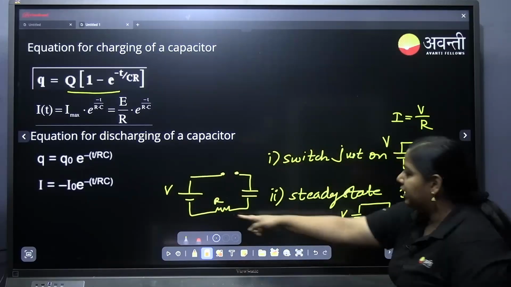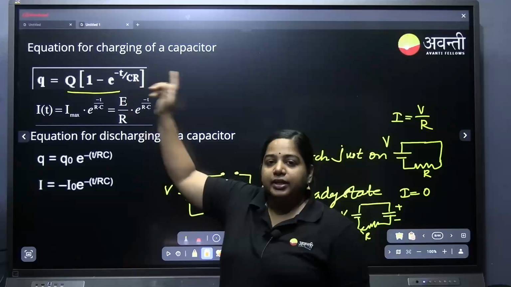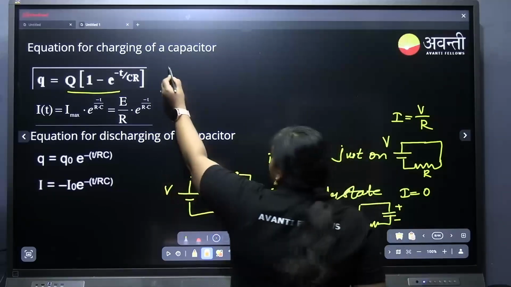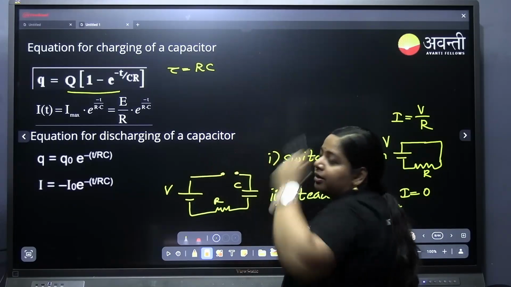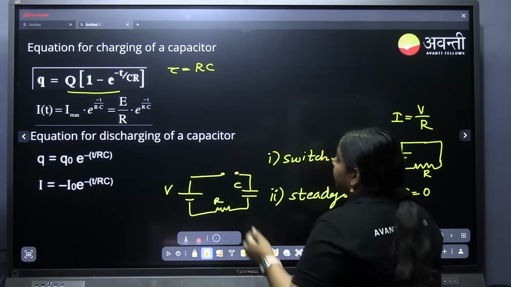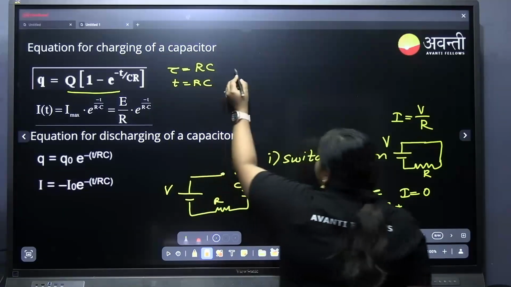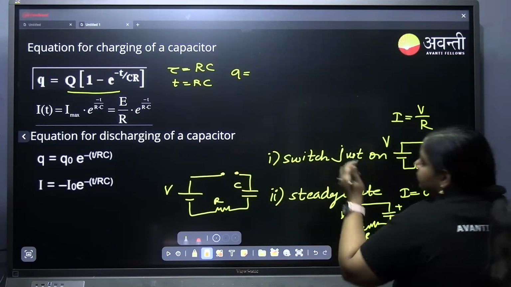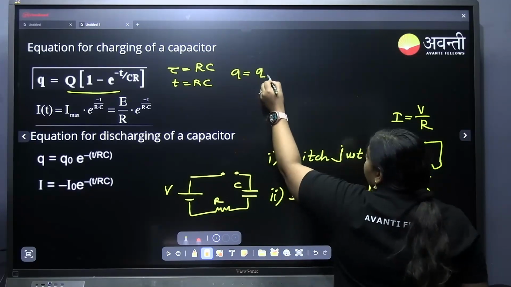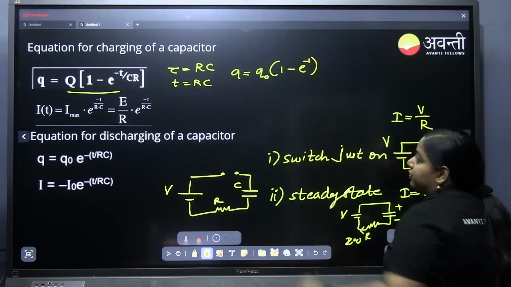As you can see, there is a resistor and capacitor. Here there is one thing called the time constant, tau equal to RC. When t equals tau, which means t equals RC, this becomes Q equal to Q naught into 1 minus e to the power minus 1.